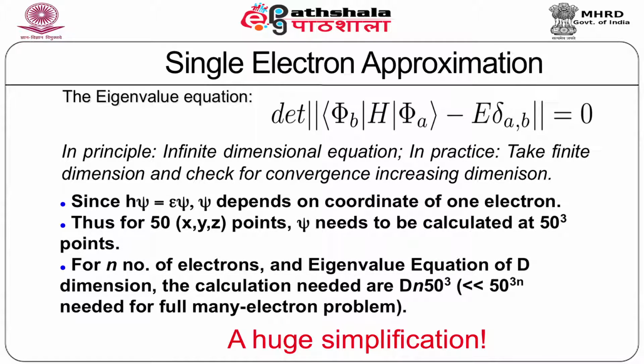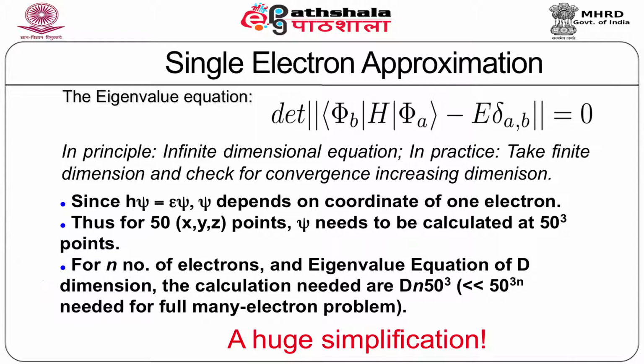We have this single electron equation, little h psi equal to epsilon psi, where psi depends on the coordinate of one electron. Thus, in the previous example, considering 50 real space coordinates given by x, y, z, psi needs to be calculated at 50 to the power 3 points.